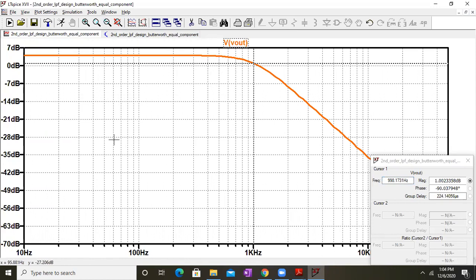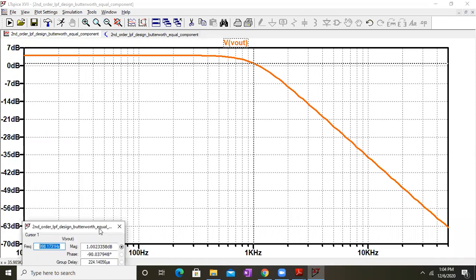All the frequencies below, if not equal to, 1 kilohertz are passing. That's a low pass filter. And all the frequencies above 1 kilohertz are getting rejected at the rate of 40 dB per decade. So let's check this value.